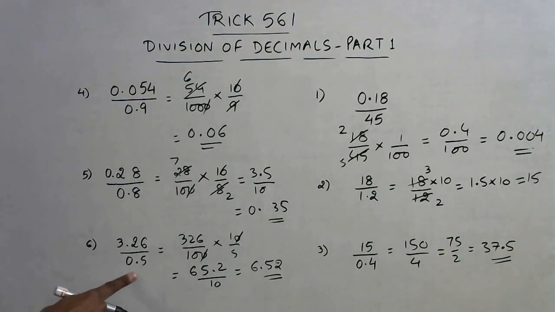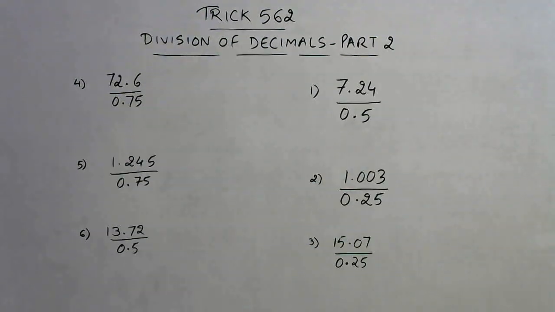Or if you understand that 0.5 is actually half, you can multiply the numerator by 2, 3.26 into 2, you will get the answer 6.52 directly using this method also. So division by 0.5 is very easy.